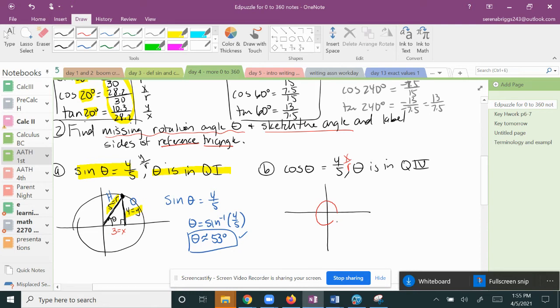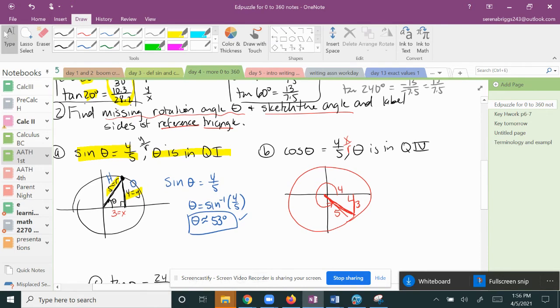And I need my x to be nearly as long as my hypotenuse, which is 5. So this is 5, this is 4. Now I want to label all of my sides here. So what's that missing side? You're right, it's 3 long. But the actual y coordinate would be negative 3.